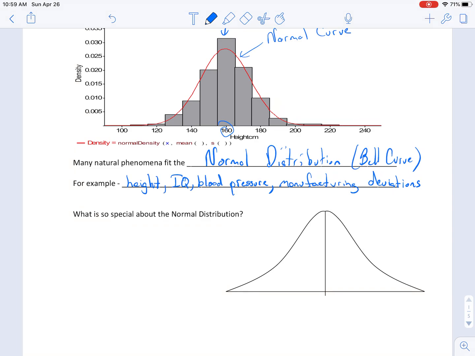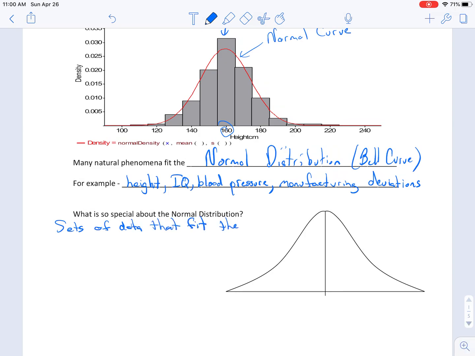And so what's so interesting or special about the normal distribution is that sets of data that fit the normal distribution can be defined or described completely by the mean and the standard deviation. And that we're going to expand on that idea, but let's just write that down.